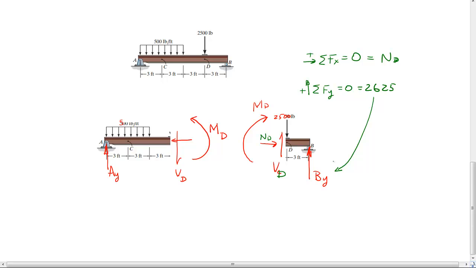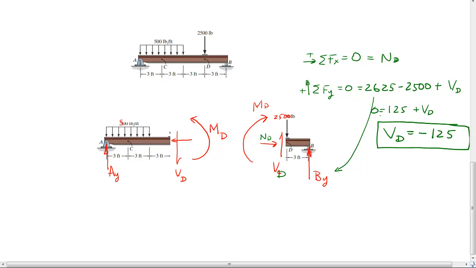So that's your BY. Oh, and you got 2,500. And you got V, the shear at D. Well, I think that's 125 if I'm not mistaken, plus D. So in fact, I get the shear at D equaling minus 125.